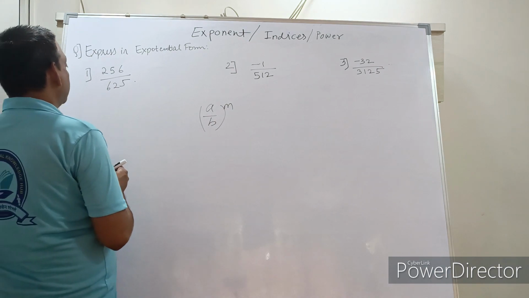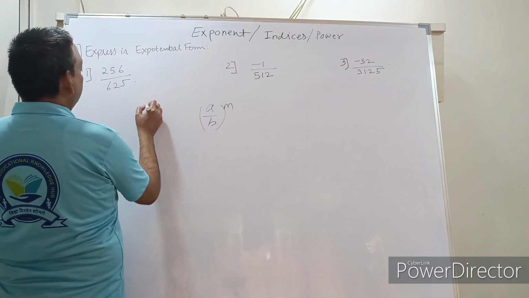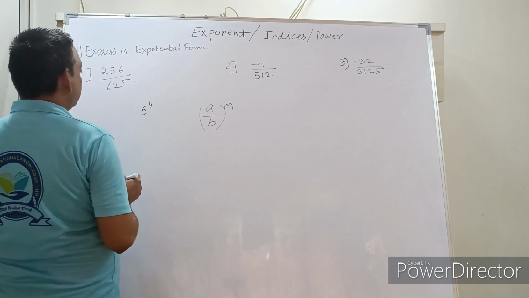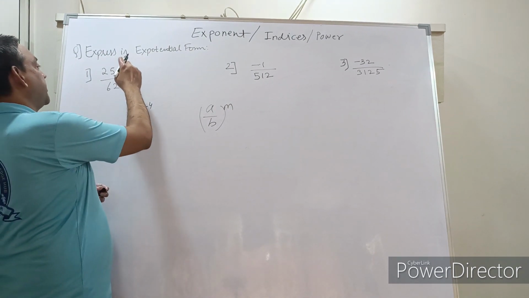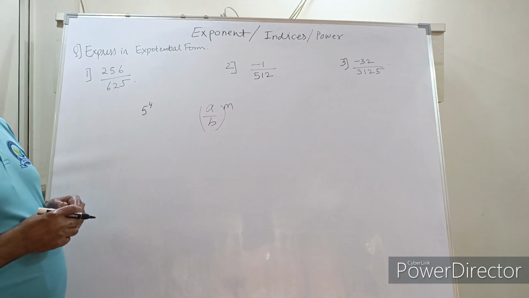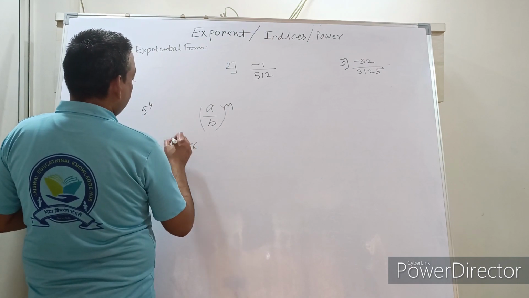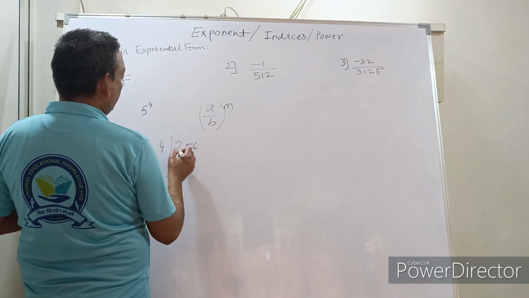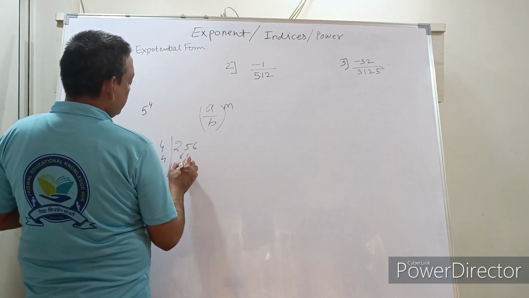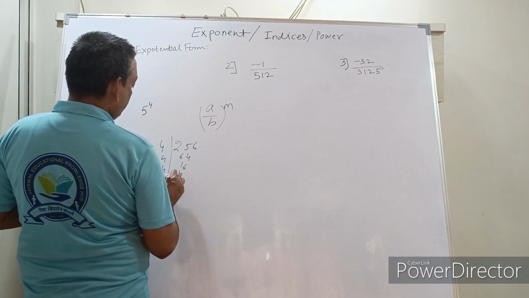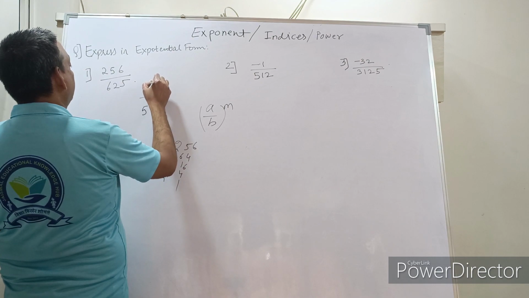This is ending with 5, so I can directly say this will be 5 raised to 4. 625 is nothing but 5 raised to 4. So 256 also we have to write as something raised to 4 only. You can divide 256 by 4: 4 sixes are 24, 4 fours are 16, 4 fours are 16, 4 ones are 4, again 4, 1. So that becomes 4 raised to 4.